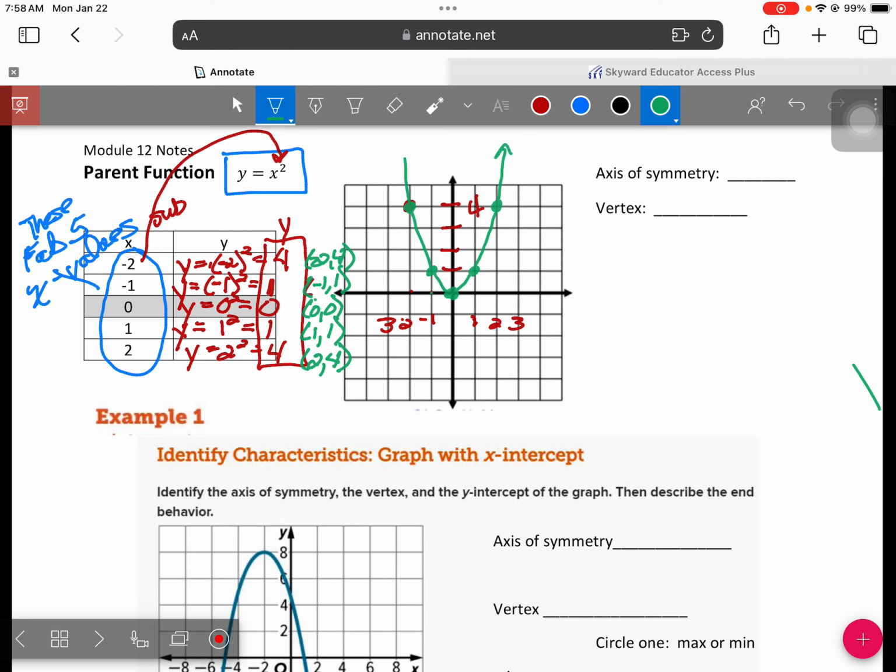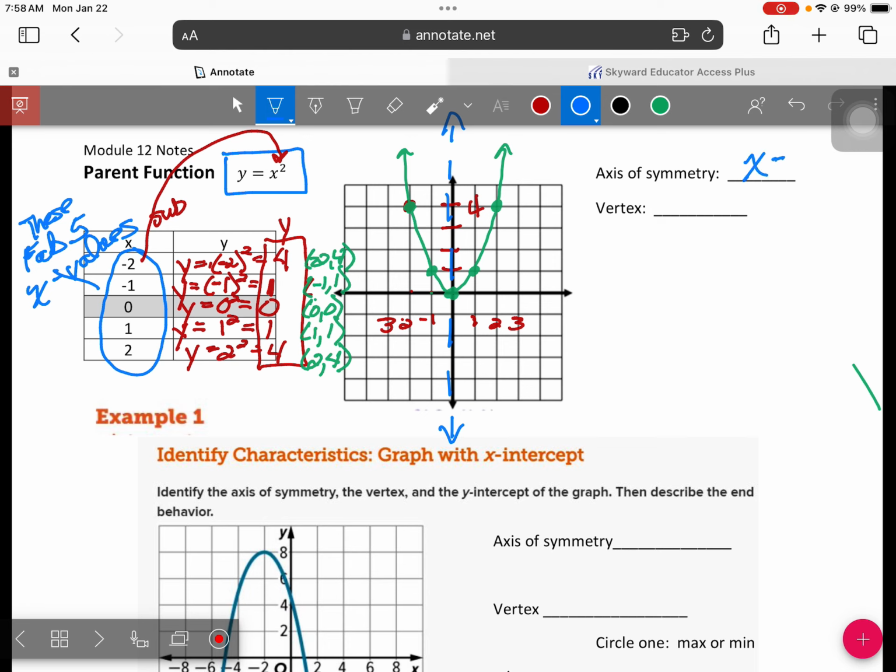Okay? All right, the axis of symmetry is what cuts it in half. So your axis of symmetry here is your y-axis. And what is true about every x or y coordinate on the y-axis?